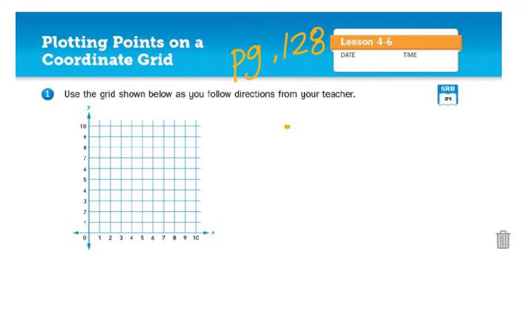We're going to plot the letter M, and we're always going to go over first and then up. Last time we put coordinates on our grid, we had letters and numbers. This time we have numbers and numbers. So we always go over. Think about a ladder.